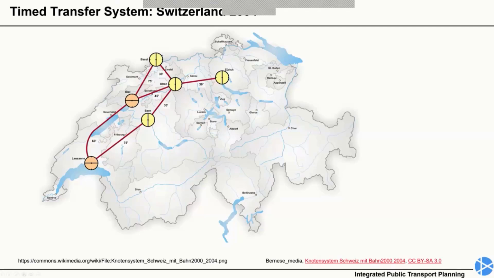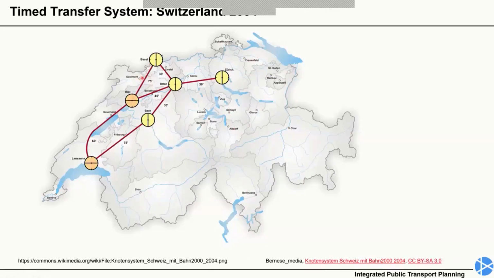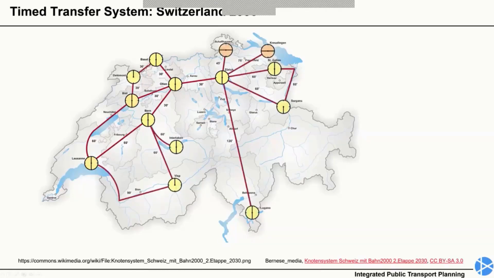So the Swiss optimized their timetable over the years, not investing necessarily in high-speed rail, but if you look it up here, they made changes to the system. Those 75 minutes, by building new railway tracks, were reduced to 60 minutes, and then they are within the system.